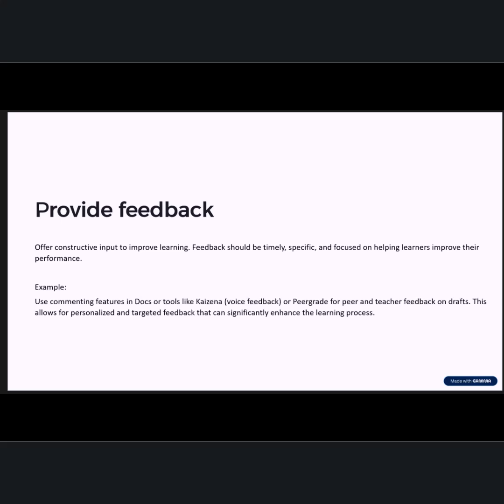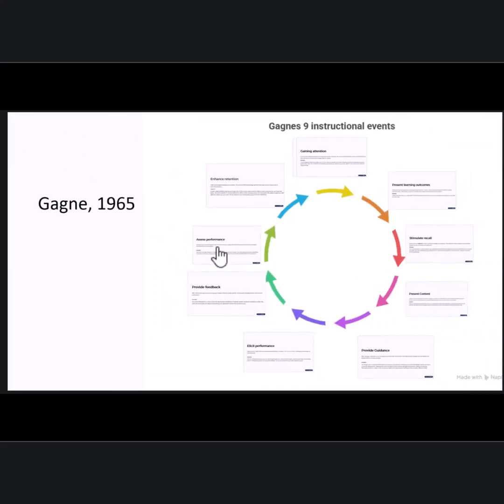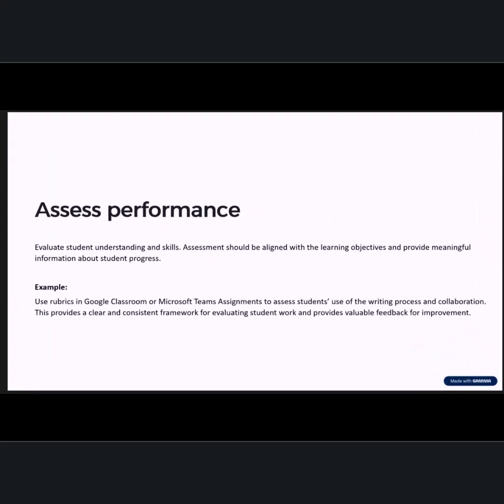Once they've gotten feedback, then it's time to assess the overall performance of the learner. So this is evaluating whether they achieved the learning outcomes or not, and their overall performance, and it should be aligned with the learning objectives. And again, something similar, using rubrics in Google Classroom or Microsoft Teams to determine whether they have followed the learning process.